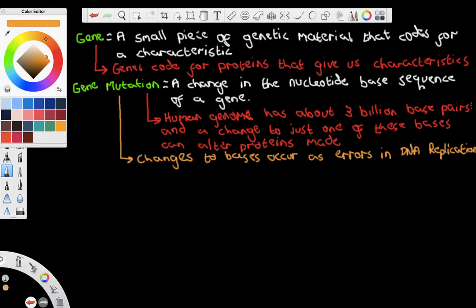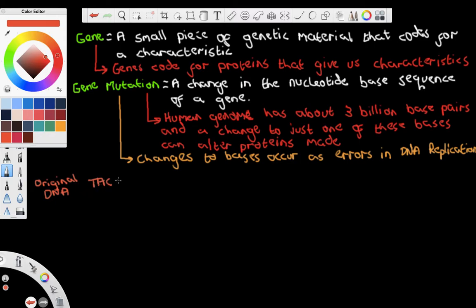So what we can do now is we can have a think about how this can affect the processes of transcription and translation. So if we've got an original piece of DNA, we're going to start with TAC, because TAC will always code for a start codon in an mRNA molecule.